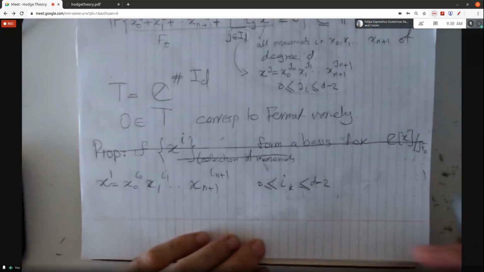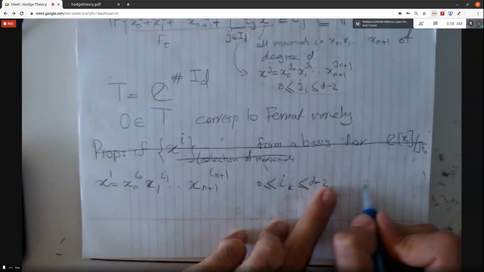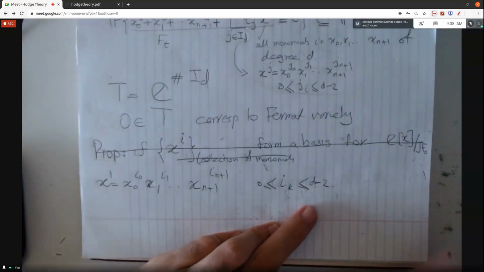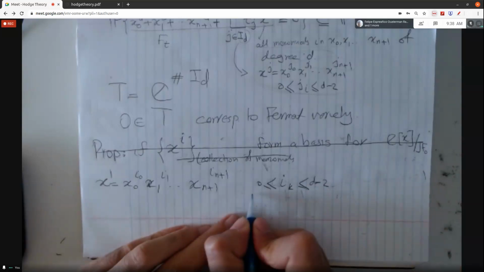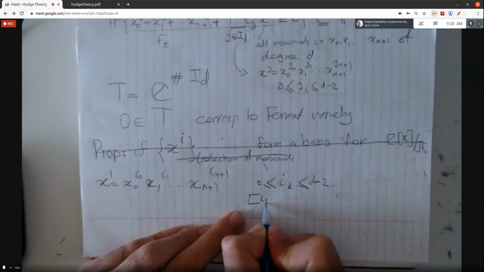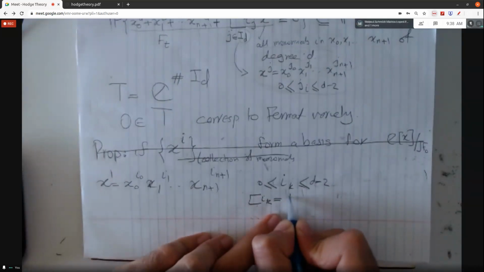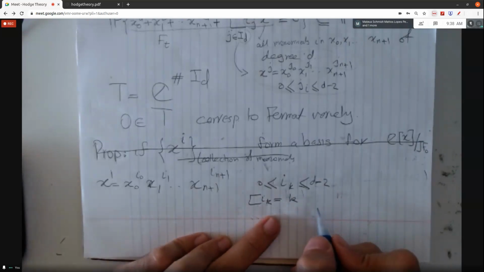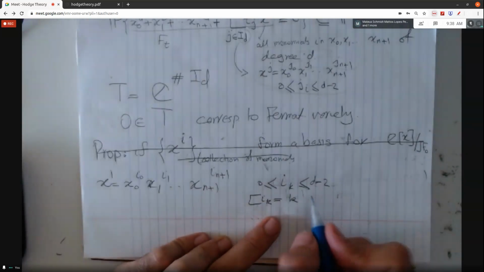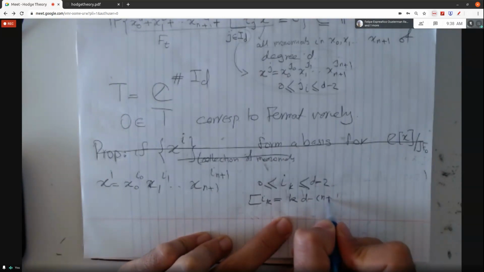Let's write the same thing that I had written before, that is, the sum of the Ik is kd minus n plus 2.